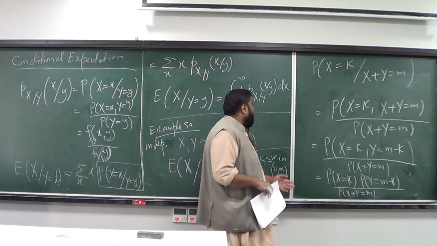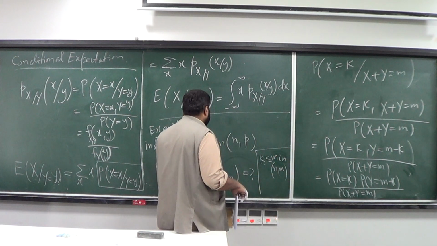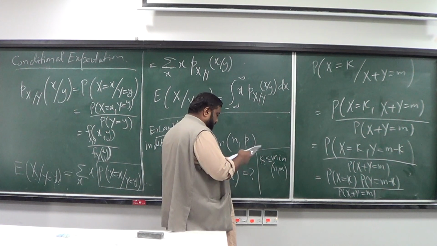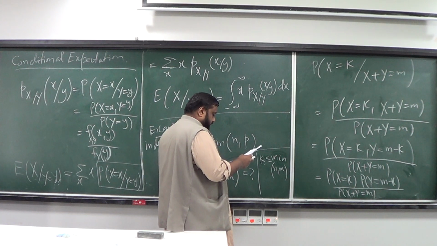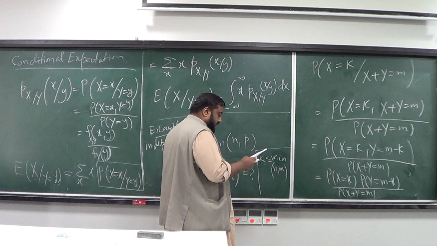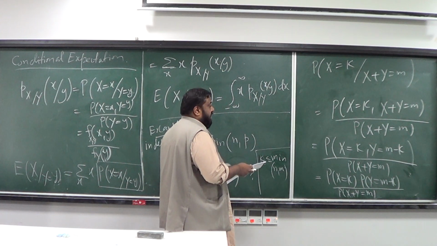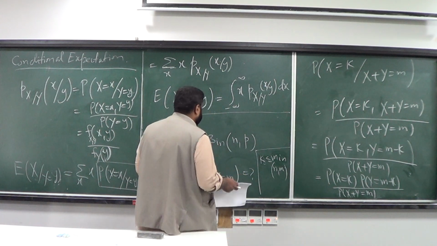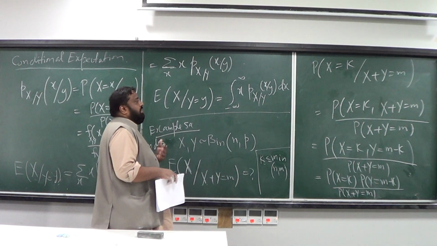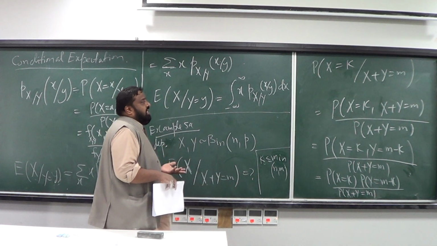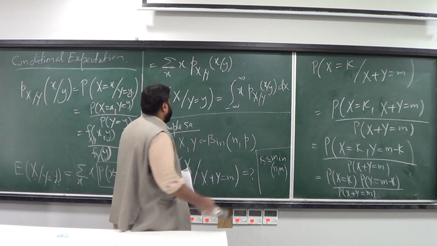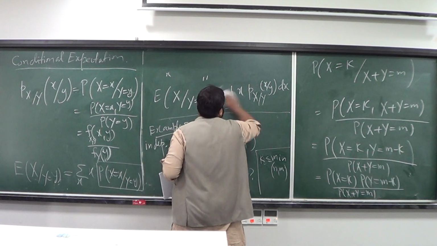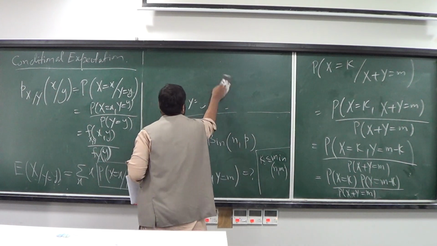Now I know that X is binomially distributed, I know that Y is binomially distributed, and we also know about the sum of the random variables: if you have two binomially distributed random variables and you sum them up, their sum is also binomially distributed. So recall the fact.